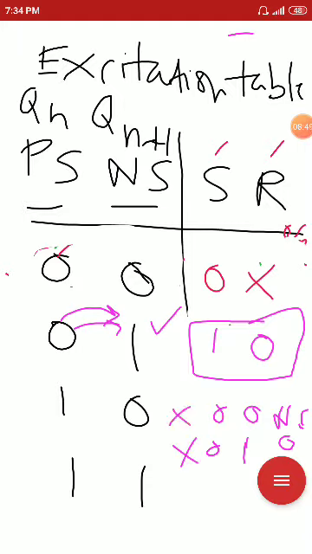Then the 1 1 condition is invalid, so we cannot take that. So the last remaining condition is 1 0. For this condition it is okay, the output will be 1 because S is 1. So this will be the excitation value for S and R for the case present state is 0 and next state is 1.